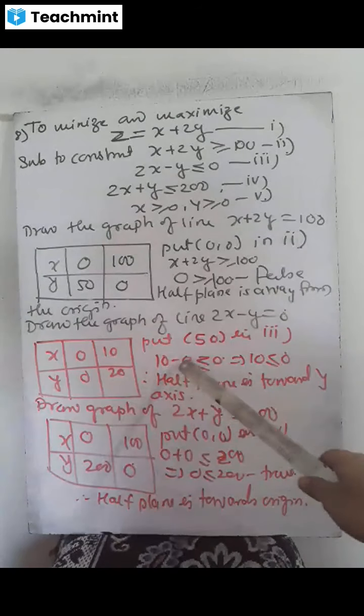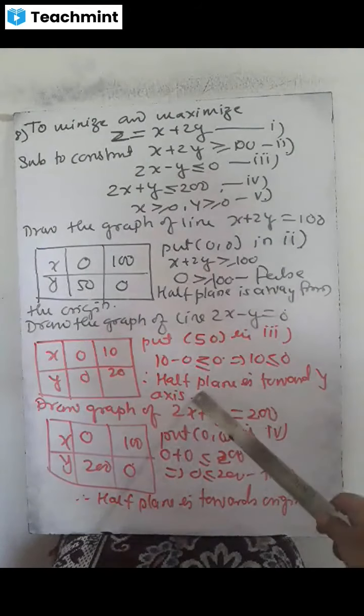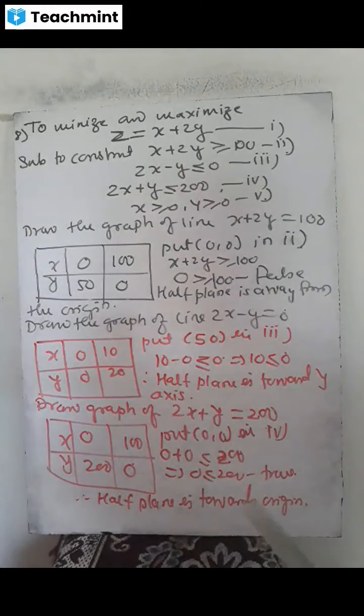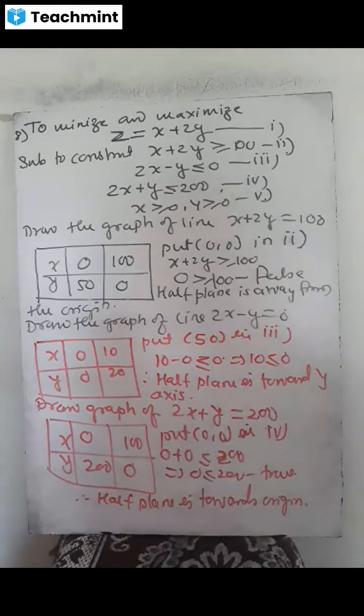So I come to know that 10 is less than or equal to 0 is false, so this half plane is towards the y-axis, and the line will be passing through the origin.